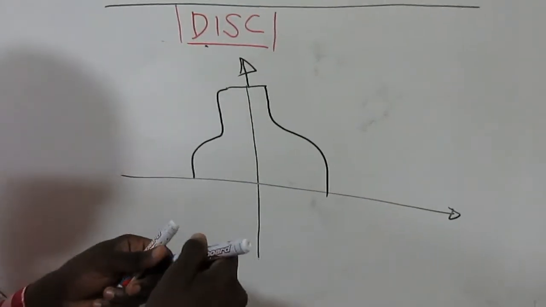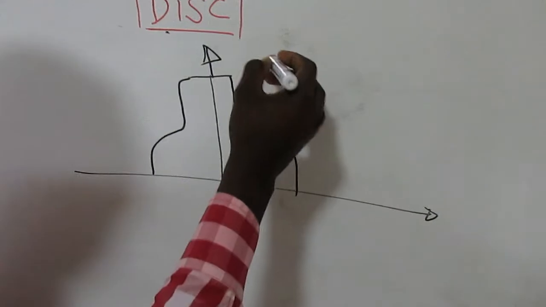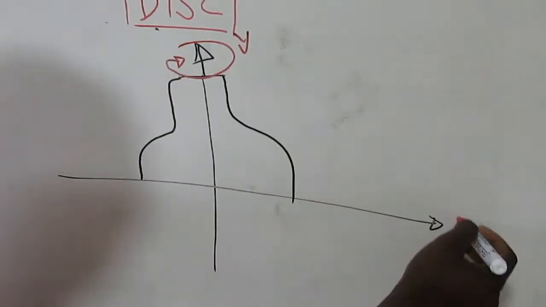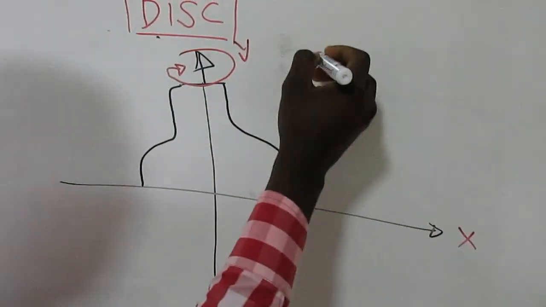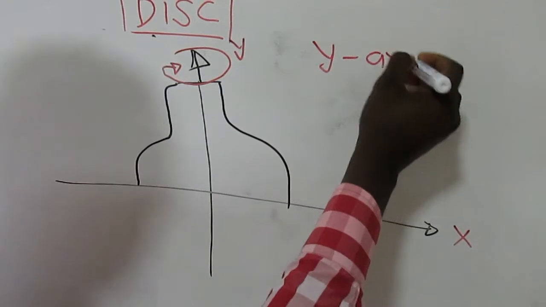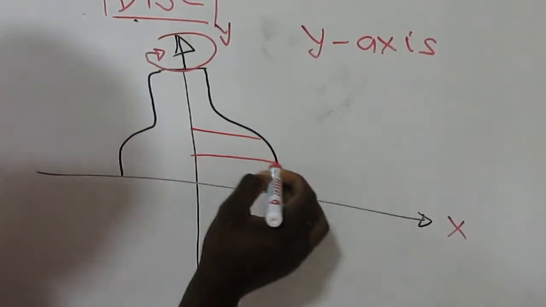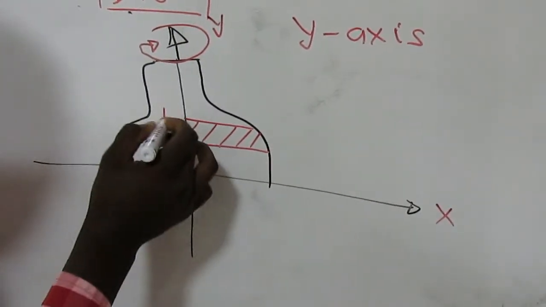Now in the case where we are doing the revolution of the body and we say this body is rotating in the y-axis, remember, we again take a specific limit between a and b.